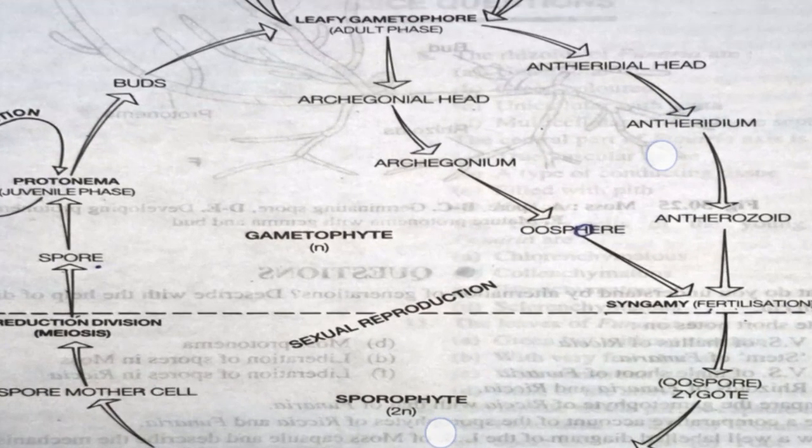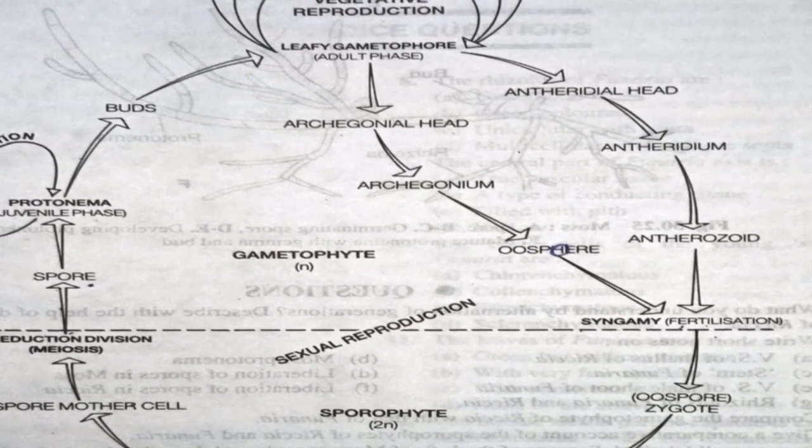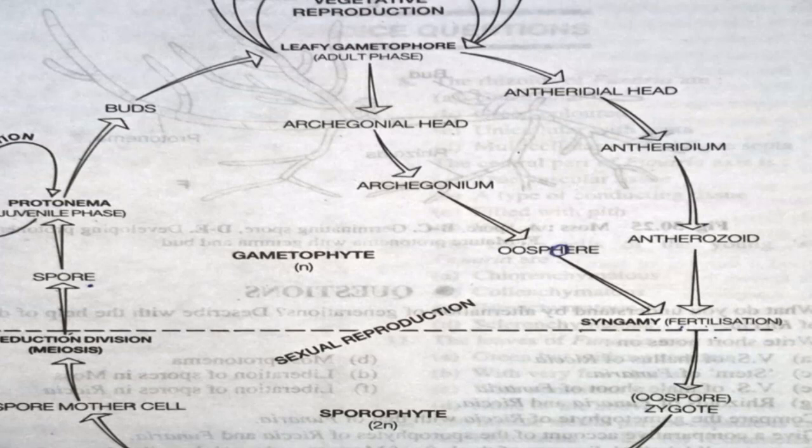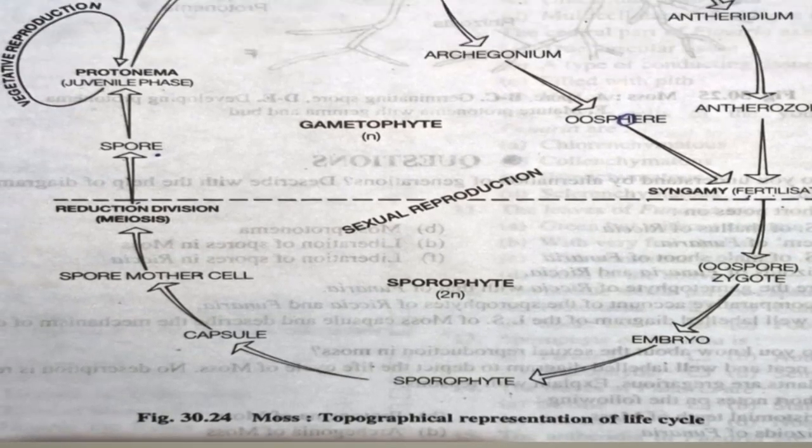In the diagrammatic structure, you will observe that the leafy gametophytes produce Archegonia and Antheridia. These produce the oosphere and antherozoids. The oosphere is non-motile, the antherozoids are motile. So it is a case of oogamy, and by syngamy they produce a zygote, which is the start of the sporophyte.